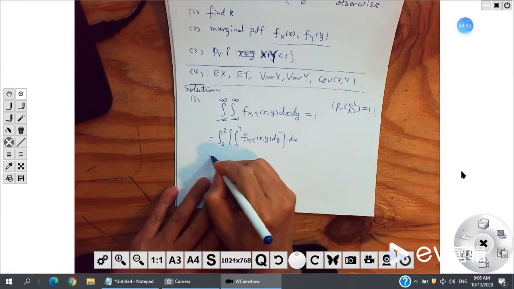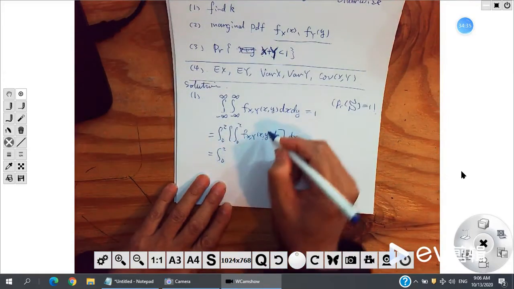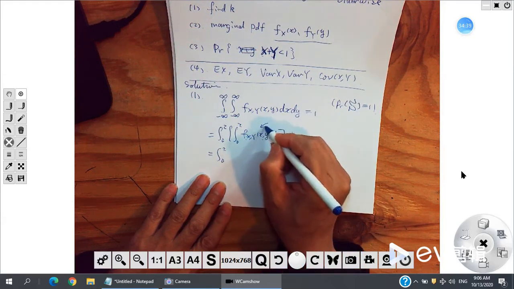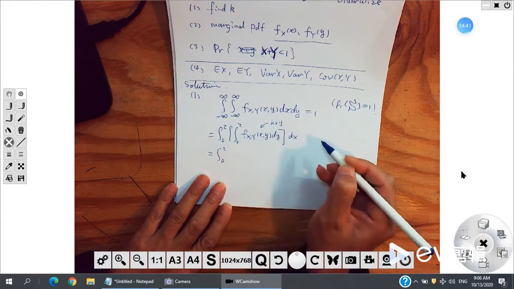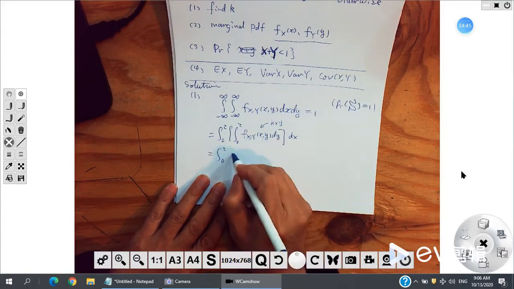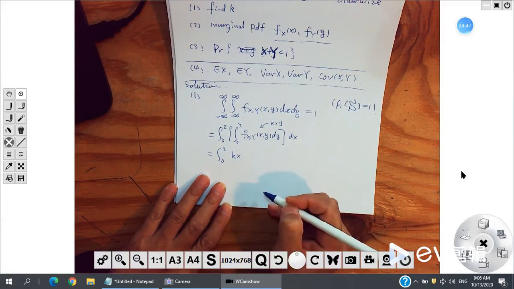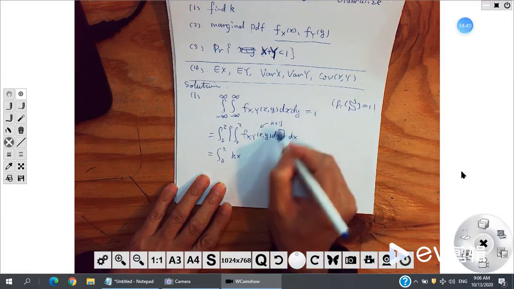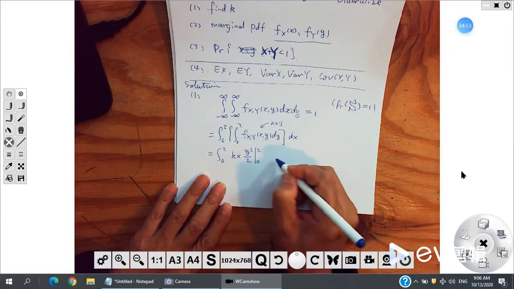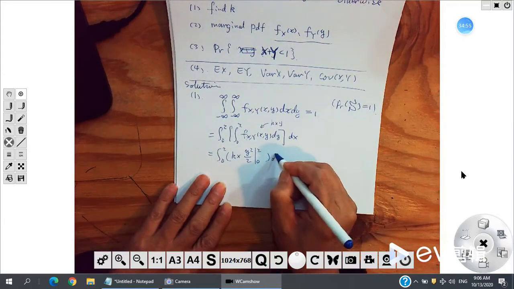When we integrate on y, k and x are constants, so we keep them and nothing changes. The y becomes y squared over 2, evaluated from 0 to 2, dx.